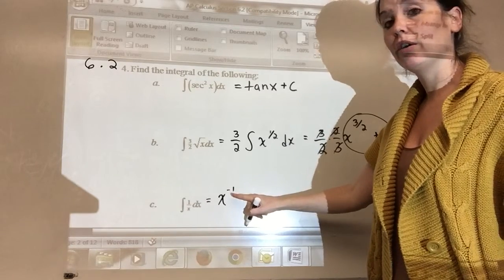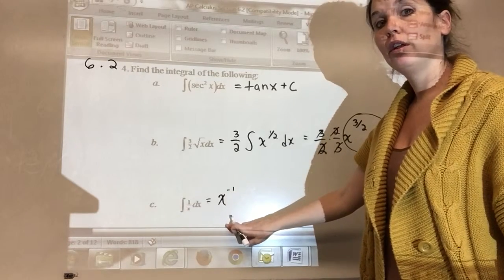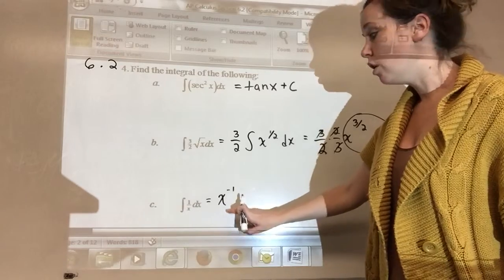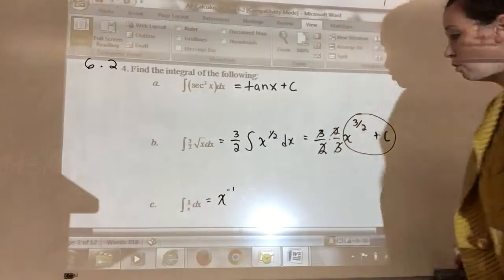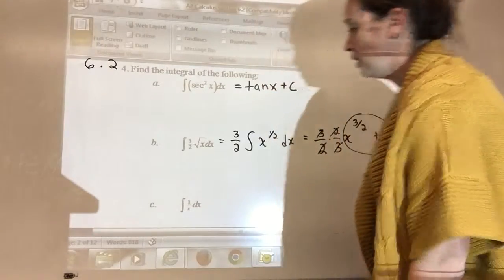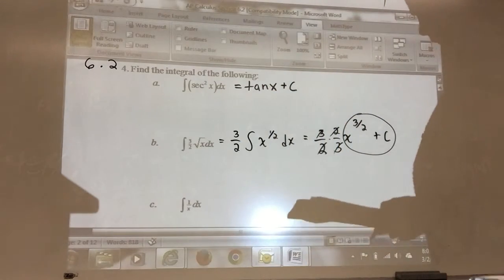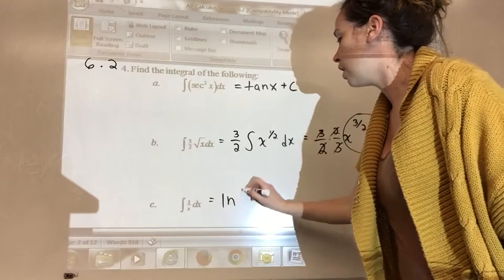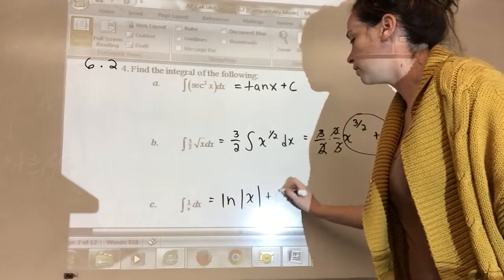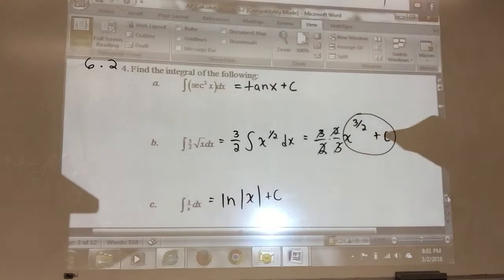It becomes a 0. Can you divide by a 0? No. So that's how you know you're wrong, and you have to think, this is something on my neon sheet. So don't do that, and if you catch yourself dividing by a 0, then you know for sure you can't. And the answer to this question, looking at your neon sheet, is the natural log of the absolute value of x plus c, straight off the sheet.